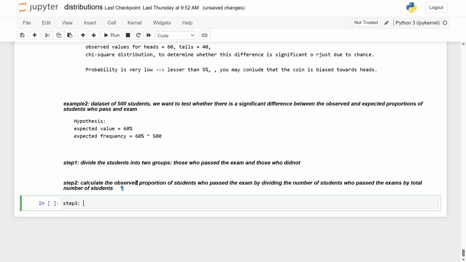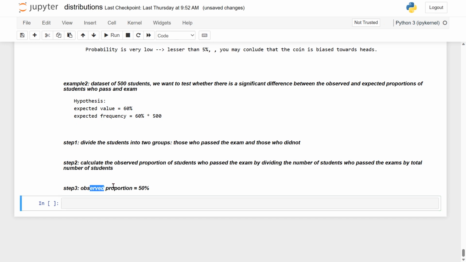The total number of students is this. So observed proportions, if I take observed proportion of maybe 50 percentage, that's fine. Yep.